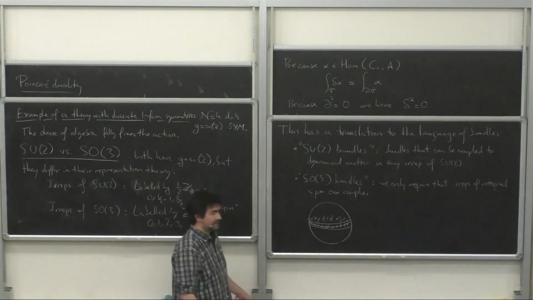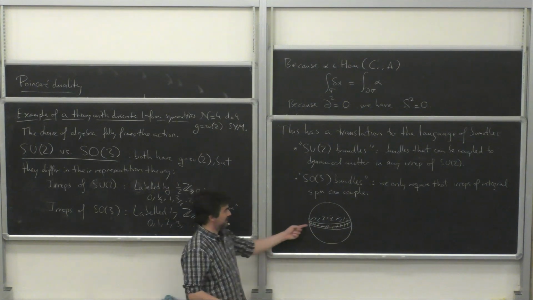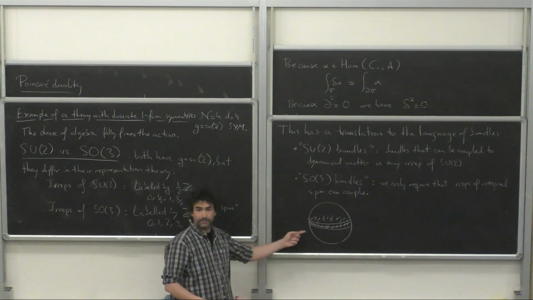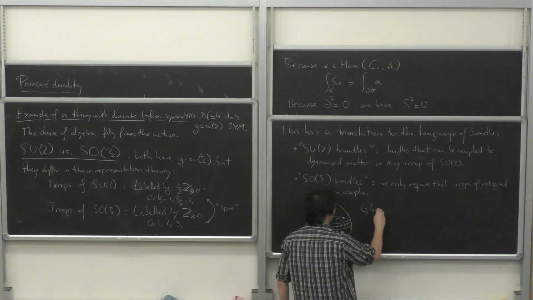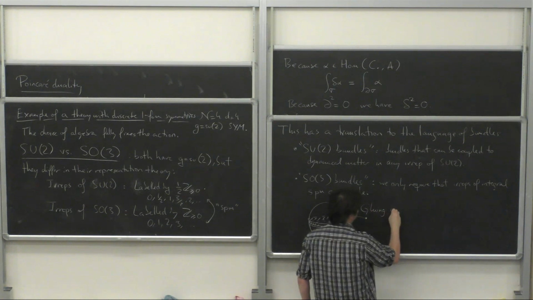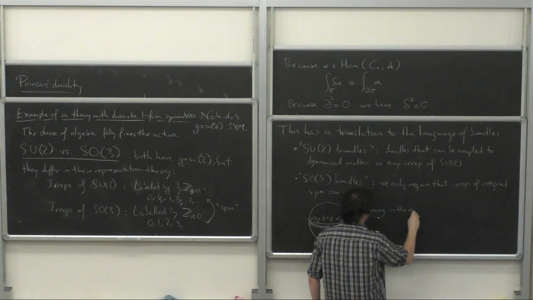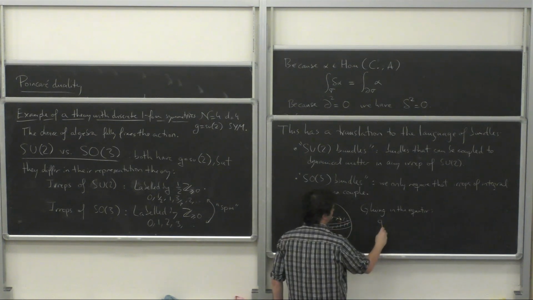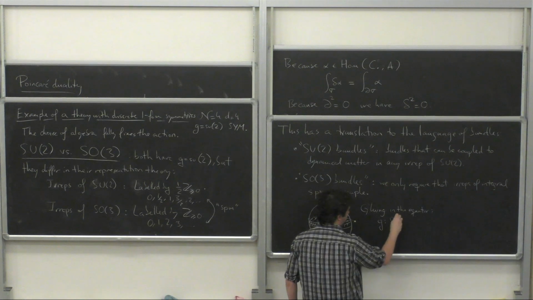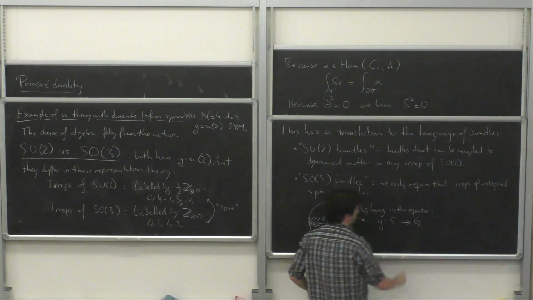So if you want to give me a bundle, the topology of the bundle is encoded in the gluing function on the equator. This is a function, g, going from S^1 to my group.